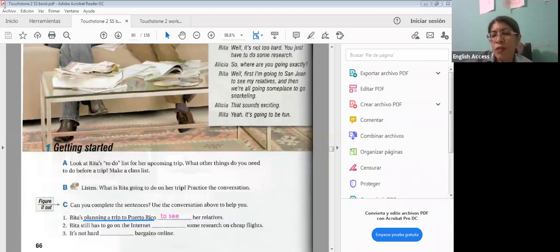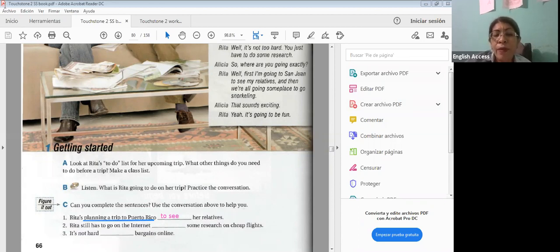We have to see, to do, to find. So these are called infinitives, okay? When you see these verbs, to see, to do, to find, to eat, to go, to speak, etc., these are infinitives. And we're using infinitives to give reasons, okay? We are saying the reason why we are doing a certain activity.